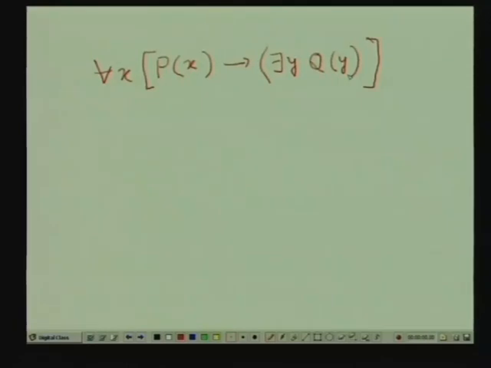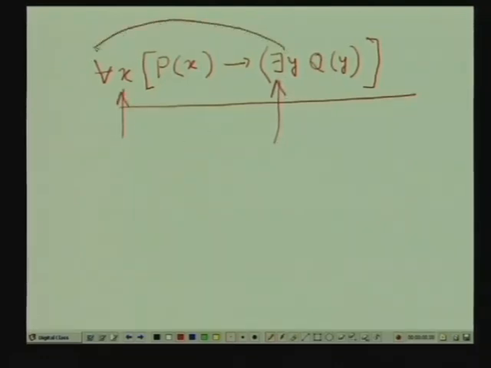Maybe there can be something like this: for all x, I am not bothering about too much of meaning here, say p x implies there can be something else, there exists y such that q y. It is possible that I may like to express something like this. It is possible. So, in such cases, there are two quantifiers, but ultimately my objective will be to push all the quantifiers to the outside as much as possible.